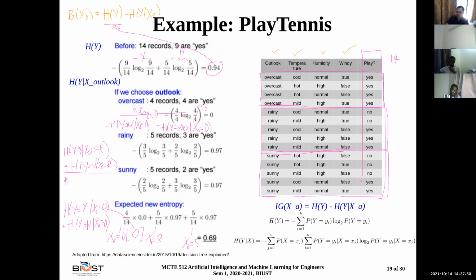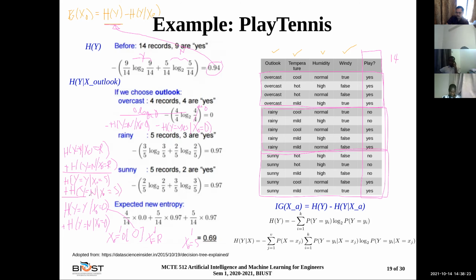So here is the sunny part, H of output Y equals yes, given the X outlook equal to sunny, and then plus the relative entropy of Y output equals no, given the X outlook equals sunny.